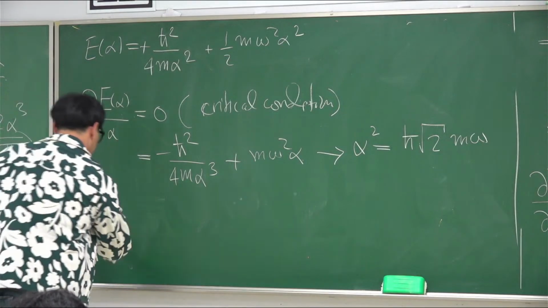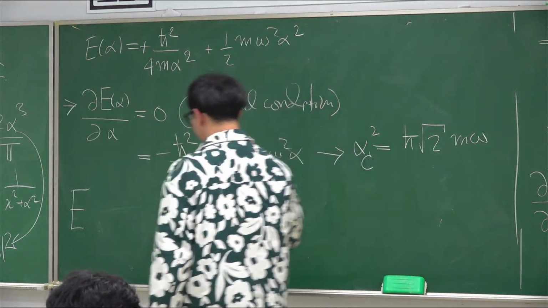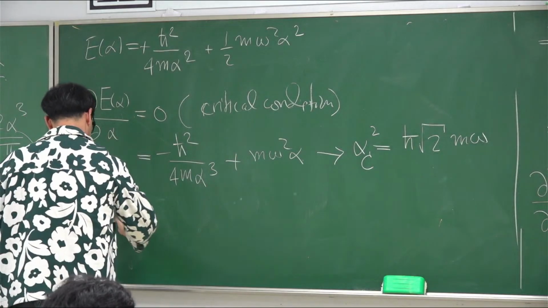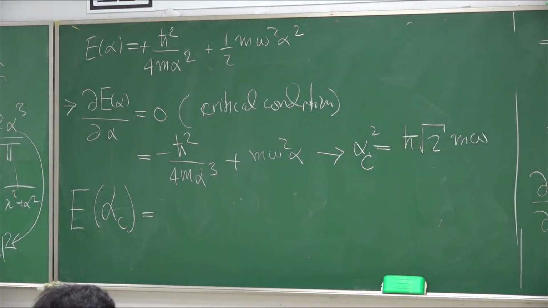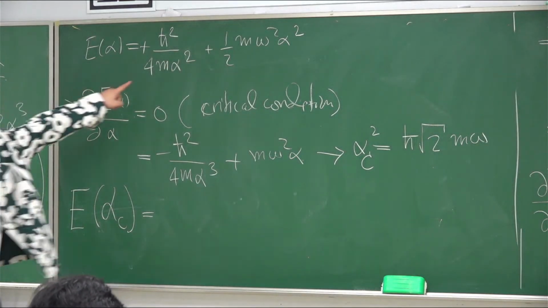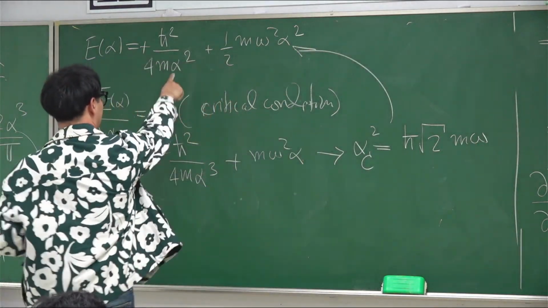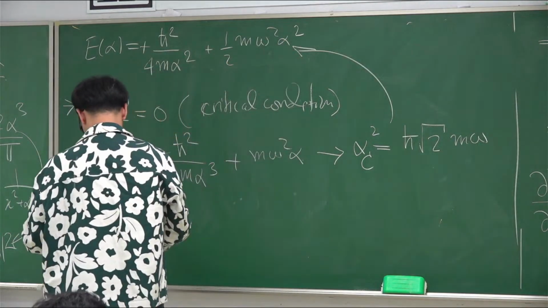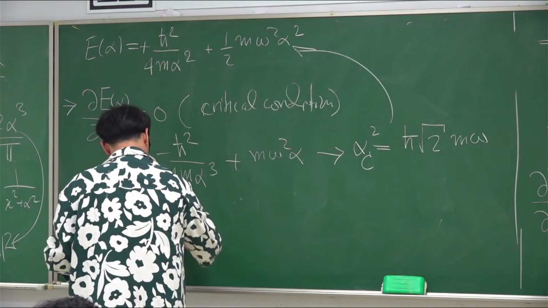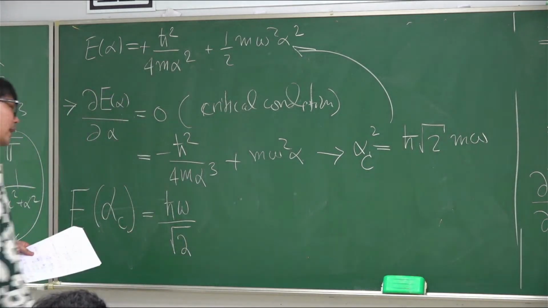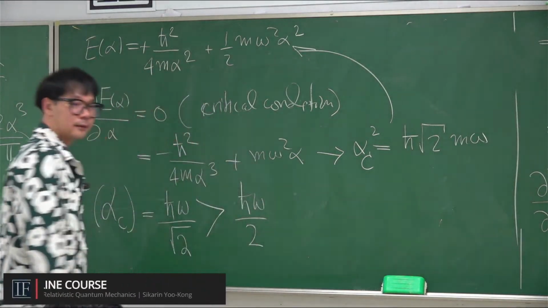Then you can say this is your alpha critical, right? You plug into this equation. Oh no, that equation, right? You put in here. So you have alpha square here. So after you put it, you will get square root 2, yeah, which is actually greater than the true Gauss state, right?